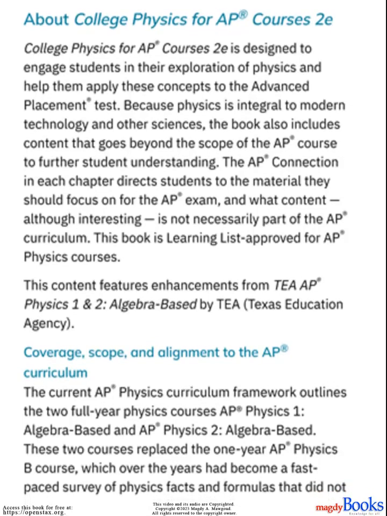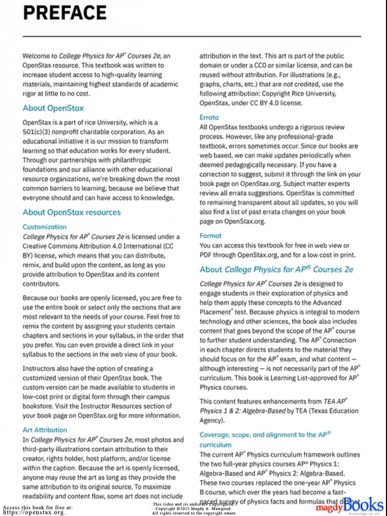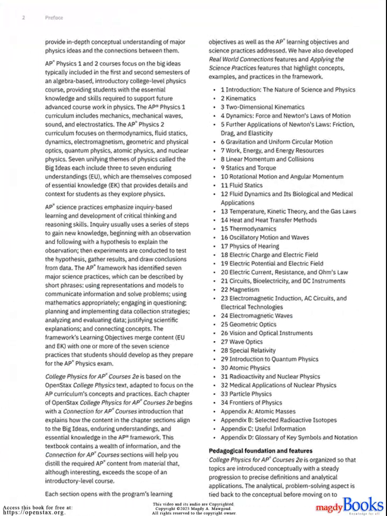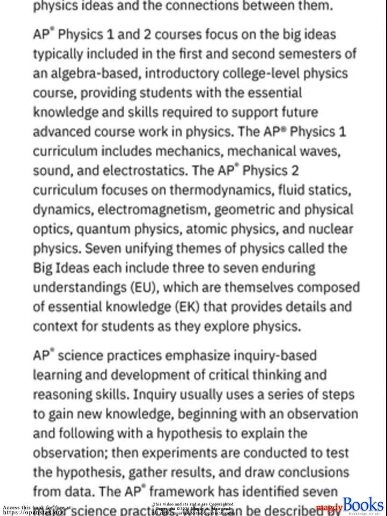Coverage, scope, and alignment to the AP curriculum. The current AP Physics curriculum framework outlines the two full-year physics courses: AP Physics 1, algebra-based, and AP Physics 2, algebra-based. These two courses replaced the one-year AP Physics B course, which over the years had become a fast-paced survey of physics facts and formulas that did not provide in-depth conceptual understanding of major physics ideas and the connections between them.